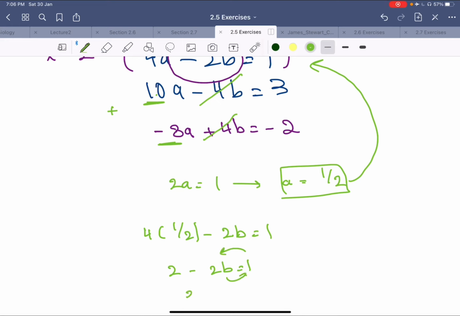We rearrange, so 2 minus 1 equals 2b, 1 equals 2b, b equals half.